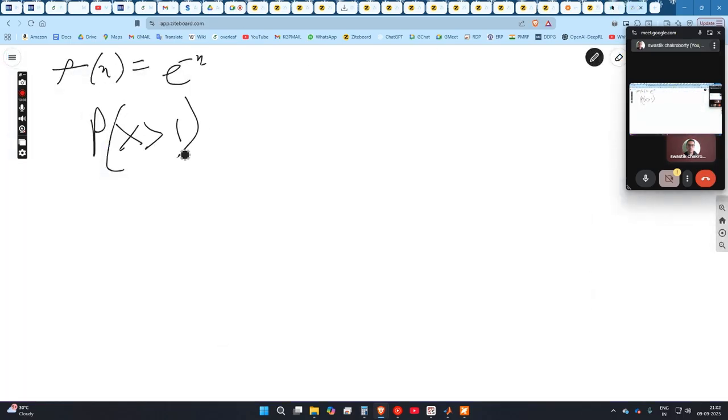So the CDF that we have found is usually in the format of less than. So usually we write 1 minus P(X less than or equal to 1), because there are two mutually exclusive events. Either x can be less than or equal to 1 or it can be greater than 1. It cannot be both together. So the sum of these two should add up to 1.